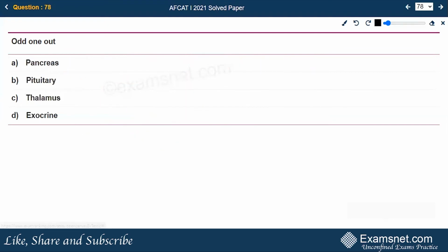Next, question number 78. Again, you have to pick the odd one out. Options are pancreas, pituitary, thalamus, exocrine. Let's see one by one what these things are. Pancreas is a gland which produces enzymes which help in digestion.